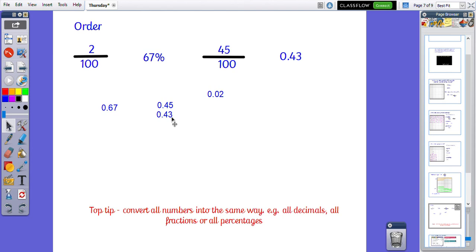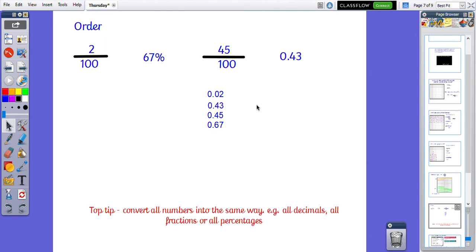So having 3 hundredths is smaller than having 5 hundredths. So this one, 0.43, would go next, then 0.45, then our last one, which has 6 tenths, would come at the end.